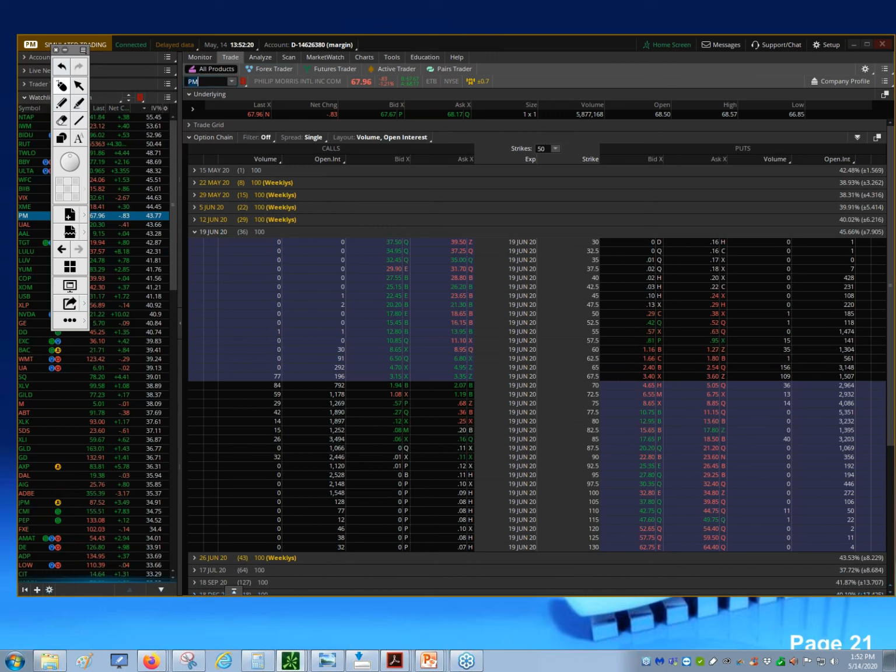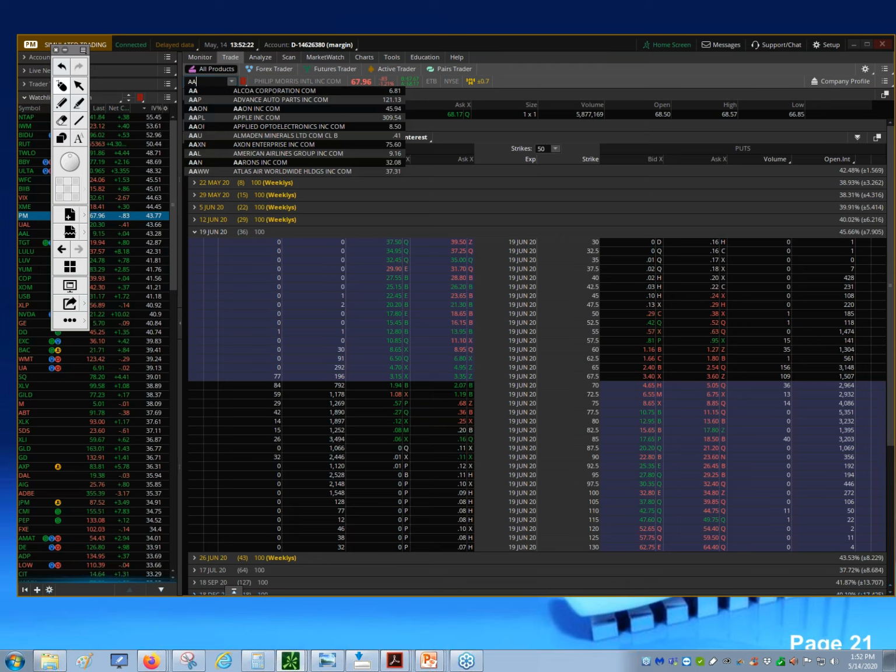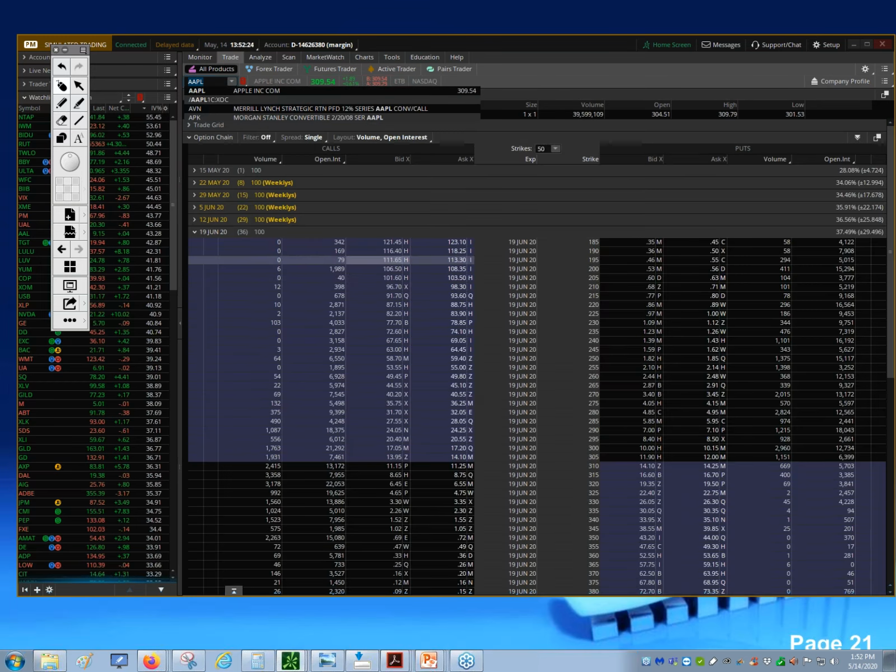But if you were to look at something like Apple, you'll see that it is a $300 stock. So I would say the rule is 30 cents for the bid offer. These are like 10 cents wide, and this is after the market's closed. We want to look at this during open market operation. As you can see, the volume and open interest is huge in here compared to even Philip Morris, a cheaper stock.